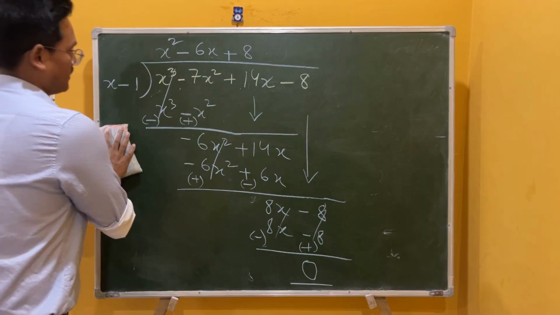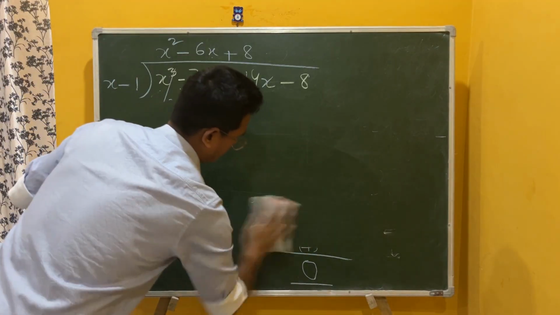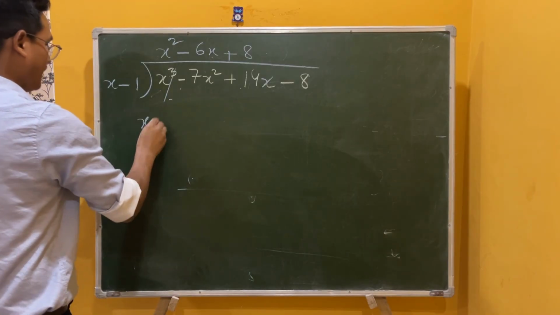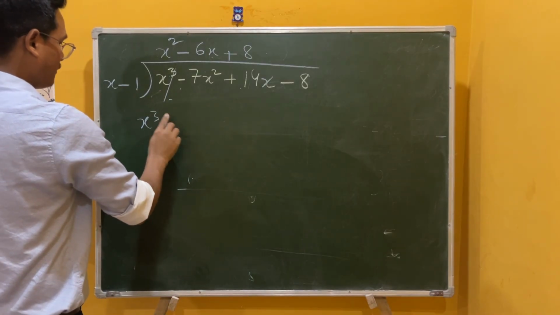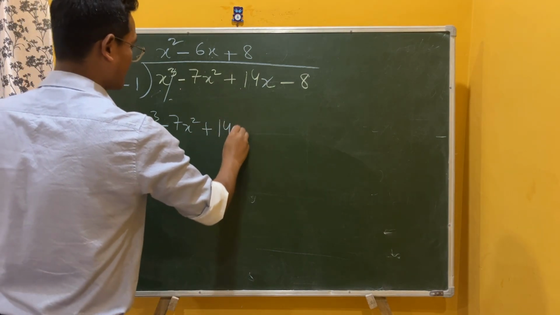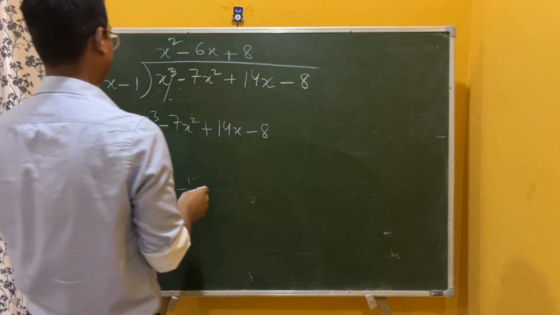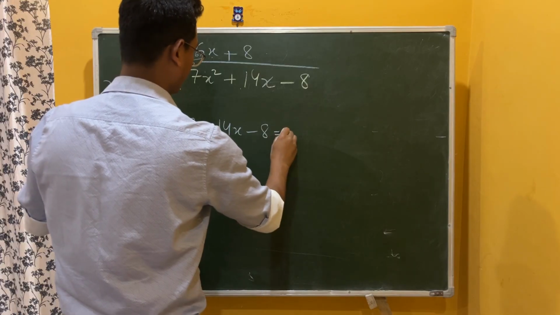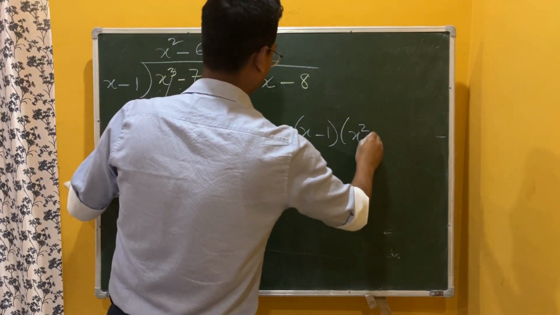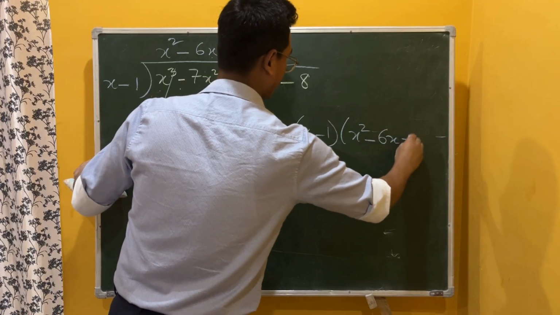Now what I can write is that x cube minus 7x square plus 14x minus 8 is equal to x minus 1 times x square minus 6x plus 8.